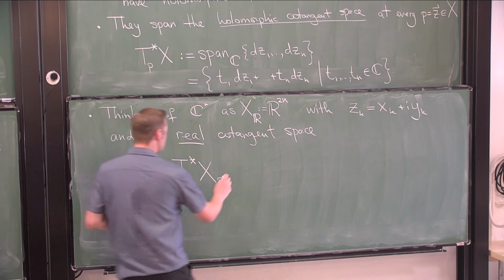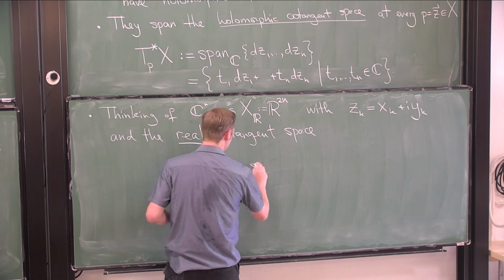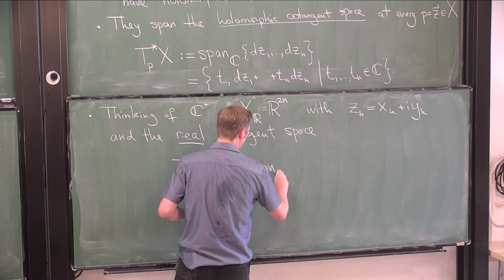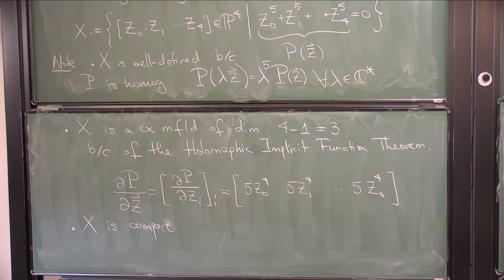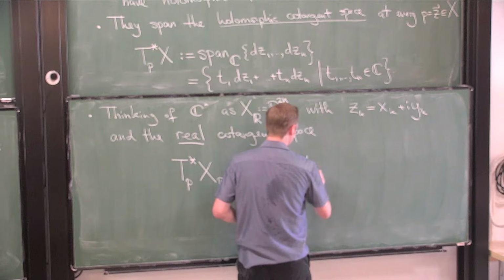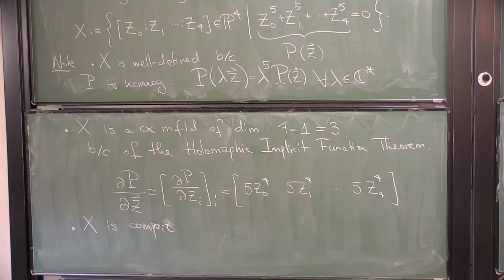What is this? This is just the real span of your familiar differential forms coming from the real coordinates, dx1, dy1, up to dxn, dyn.